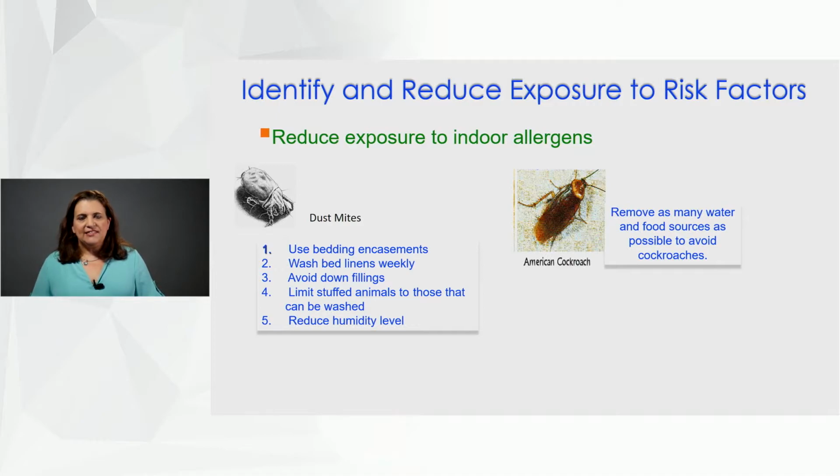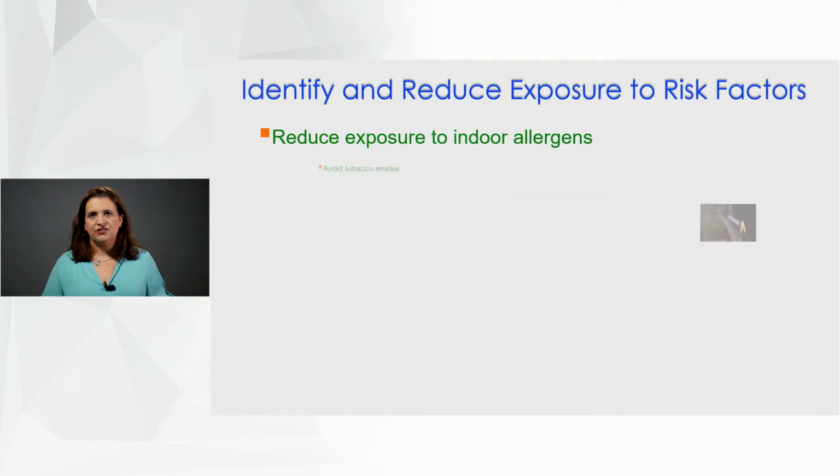If a patient has a dust mite allergy, using bedding encasements is recommended, as well as washing bed linens weekly, avoiding down fillings, limiting the number of stuffed animals to those that can be washed, and reducing the humidity level in the home. Homes should be sprayed for cockroaches, and as many water and food sources as possible should be removed to avoid cockroach infestation.